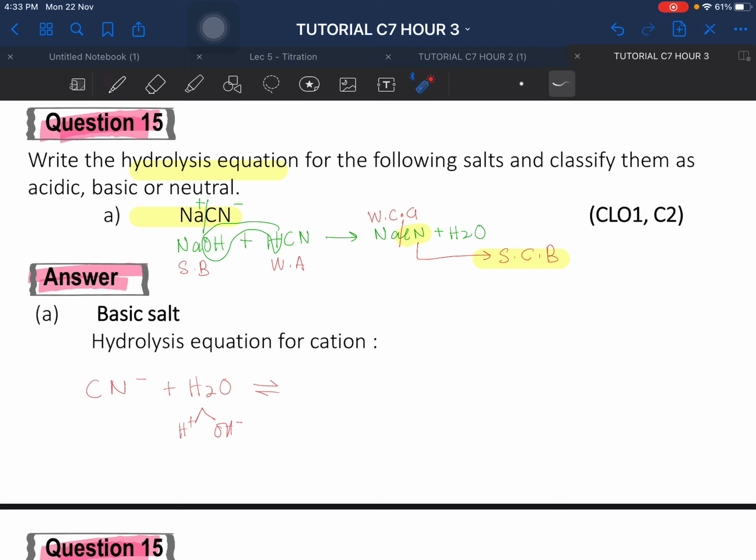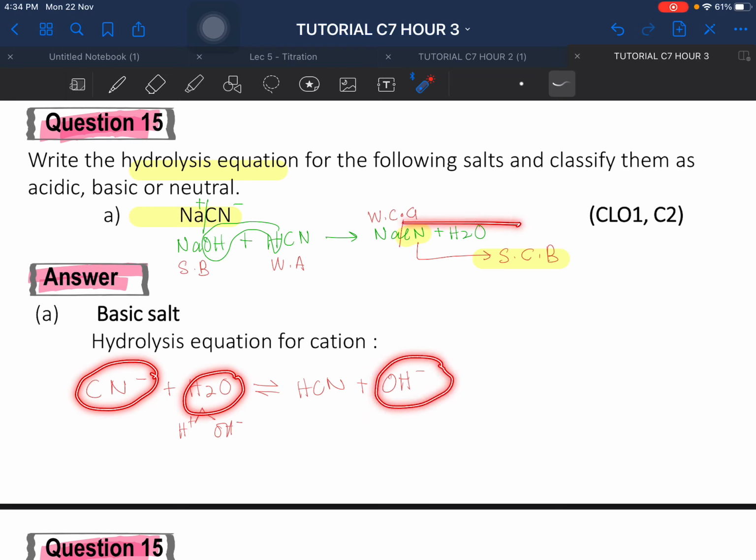So H plus will combine with the CN minus because it is positive and this is negative. So it will produce HCN and leaving OH minus.